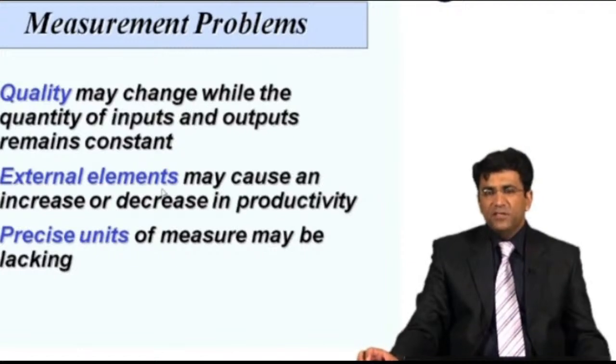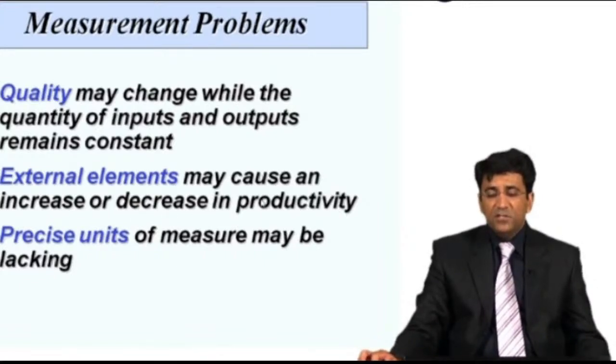In that particular case, we may not be able to find out which inputs actually increased our productivity, because we are taking into account just the quantity factor of inputs when we use the formula productivity is equal to output over input, but the quality factor is not being considered in this formula. So that is one of the limitations and assumptions with this formula.